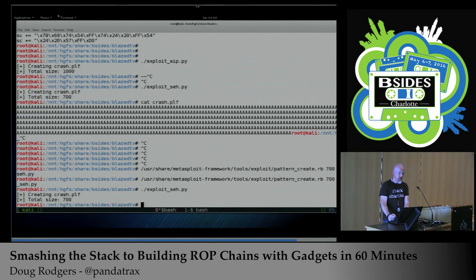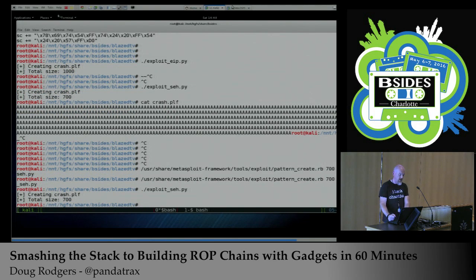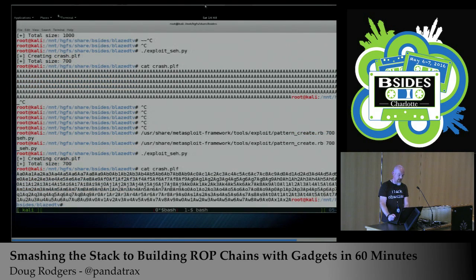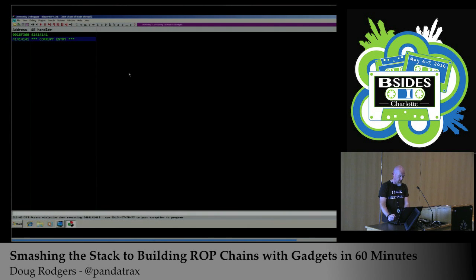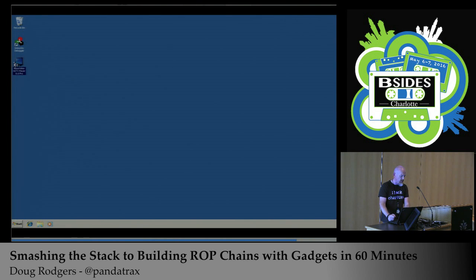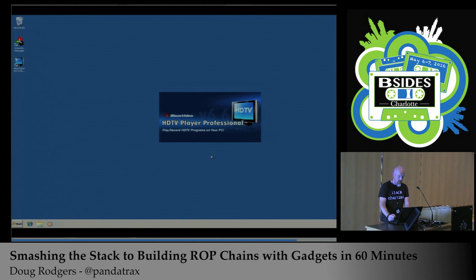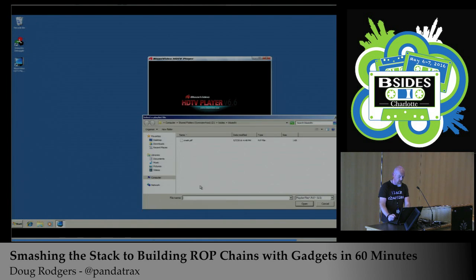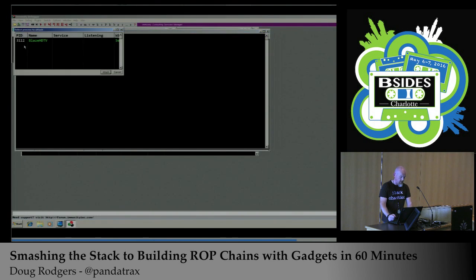Okay, here we go. So here we have a new file, right? And it should have our pattern in it. Now we can go and open this up again, and we're going to find out what the offset is for this exception handler.